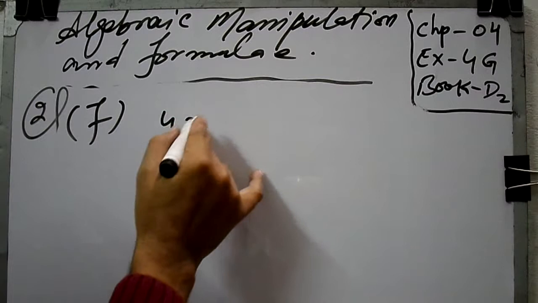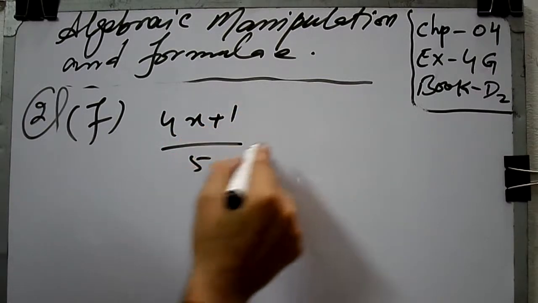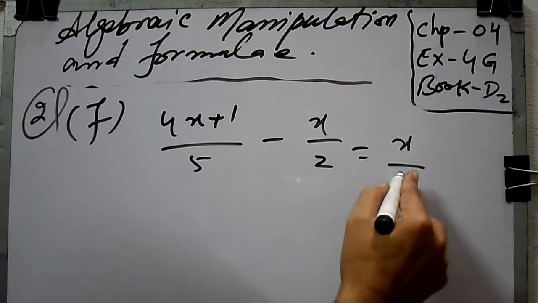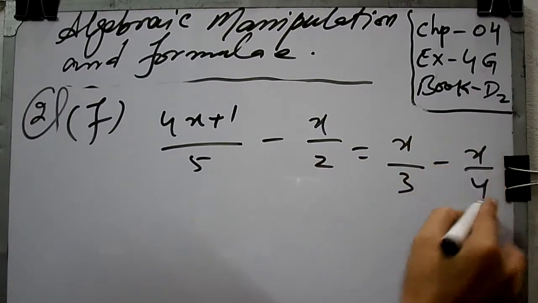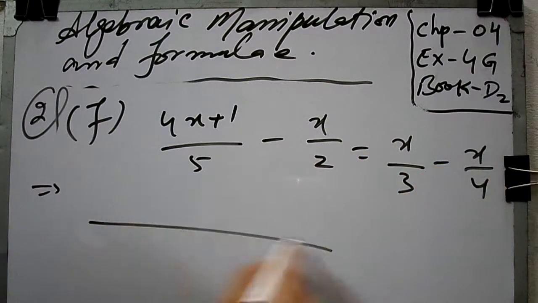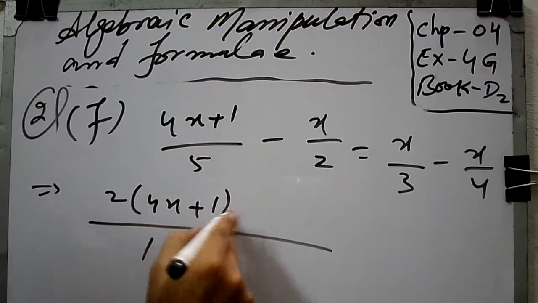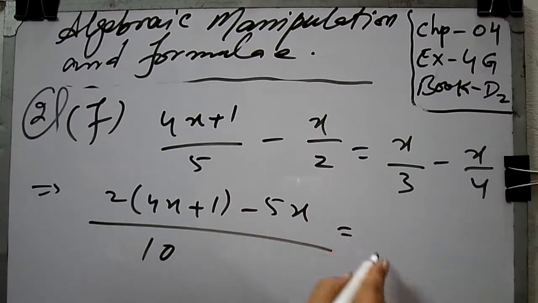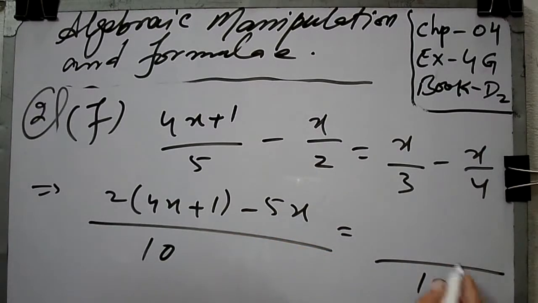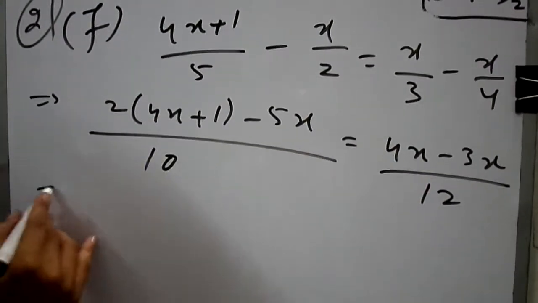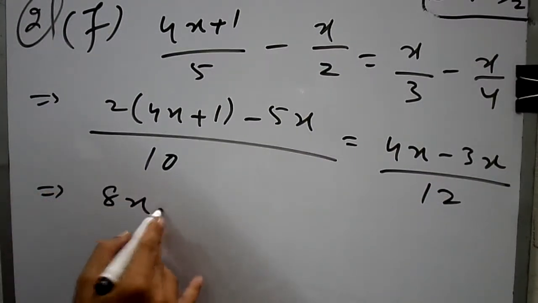That is (4x plus 1) divided by 5 minus x by 2 is equal to x by 3 minus x by 4. So taking LCM, that is 10 on the left. Similarly again taking LCM of the right side, 4x, 3x, so after simplification, 4 2s are 8.